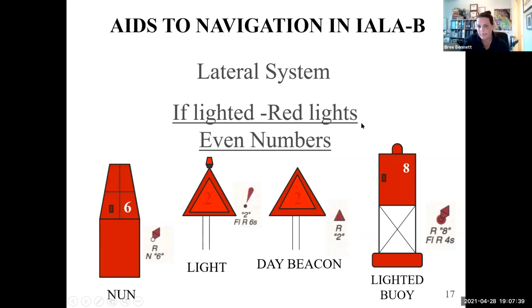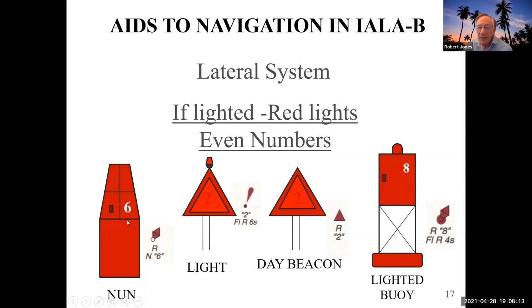I want to ask, maybe Robert knows, in different areas, you might have a shaped buoy, can or nun, that doesn't have a color. I want to say maybe the Mississippi, but maybe that's wrong. Do you know? The river system used to have red and black, I think, or green and black. I forgot which it was.